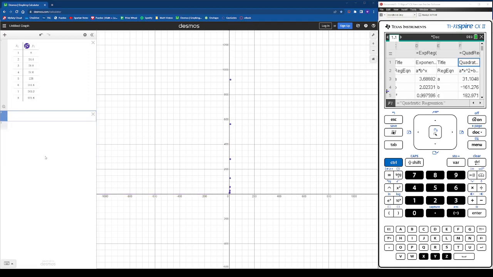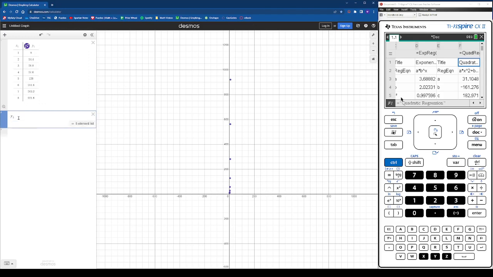Okay, so we've got this modified now to be a quadratic regression. Quadratics come in the form ax squared plus bx plus c, as it shows right here in the little pop-up. So what we're looking for are the variables a, b, and c to come out of our regression. So again, same exact process.